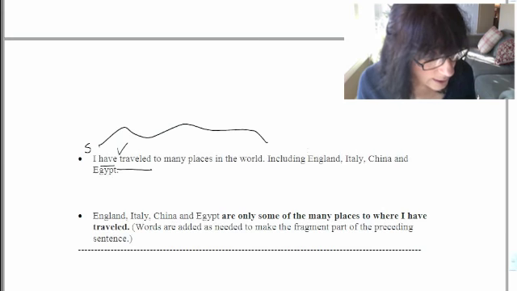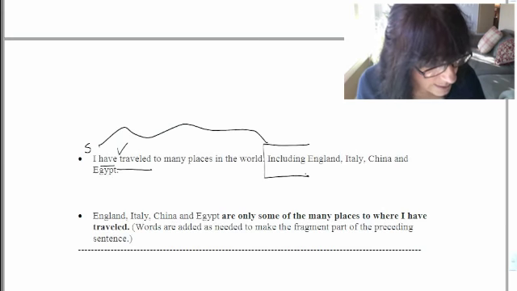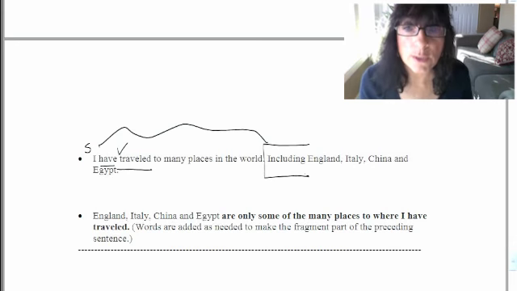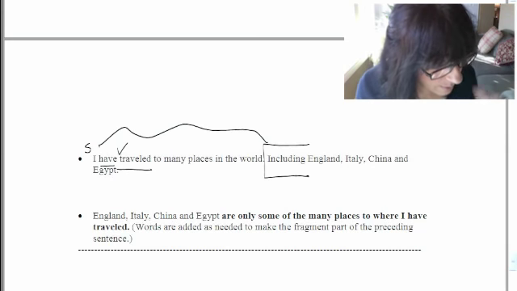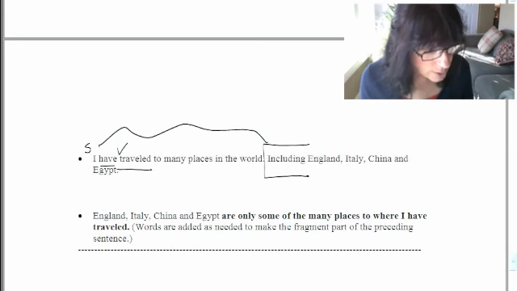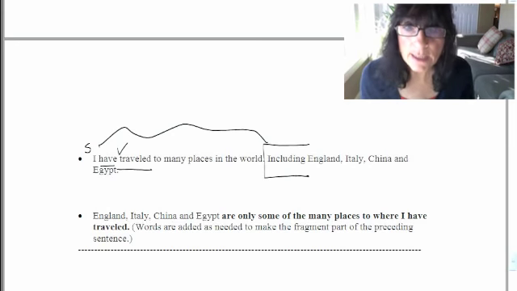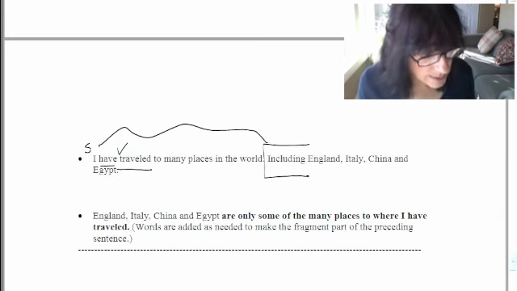Including England, Italy, China, and Egypt, we mentioned in the list that often a word like including or for example or especially, except for, can lead to a fragment, and that's what it is because there's no subject and no verb here. So how can you correct it? Well, I've added words as needed to make it complete and make it a better worded, clearer sentence.